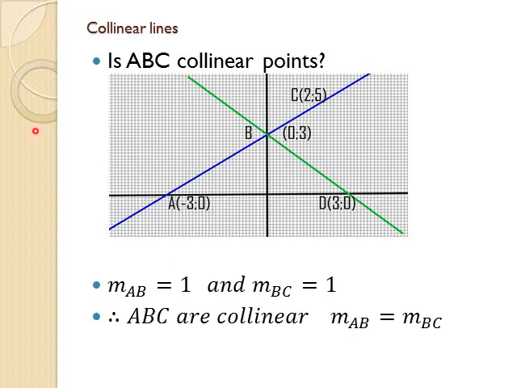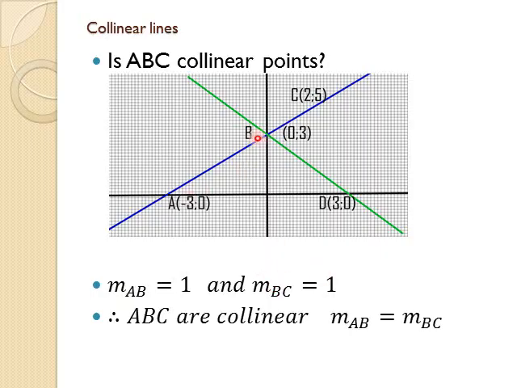Look at the next: collinear points. They ask, are A, B and C collinear, meaning are they on the same straight line? For that to be valid, the gradient of AB must equal the gradient of BC. We calculated on the previous slide that gradient AB was 1 and gradient BC was 1.